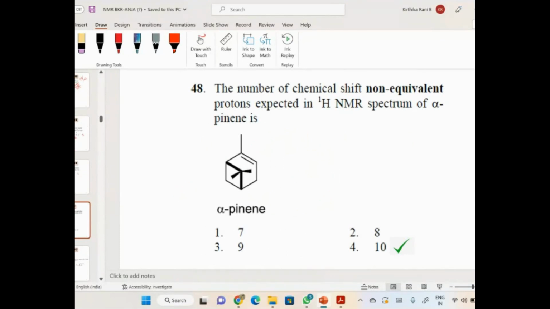Okay, now tell me. So I told you already, let us look at this kind of molecule. The number of chemical shift non-equivalent protons expected in the proton NMR spectrum of alpha pinene. Since it is not in slideshow mode, I can see that the answer is 10.